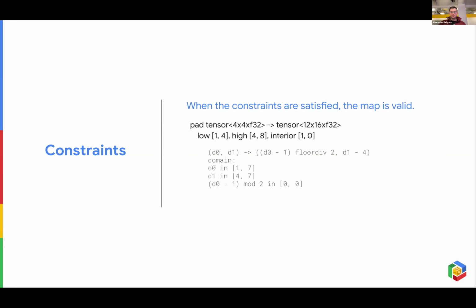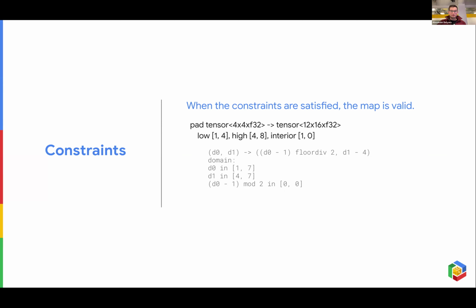It means that we insert elements between the elements of the input. We can model that using the mod constraints, like D0 minus 1, mod 2 equals 0, pretty much. And if you look at the padded output, for indices for which this constraint is not valid, the mapping also is not valid.